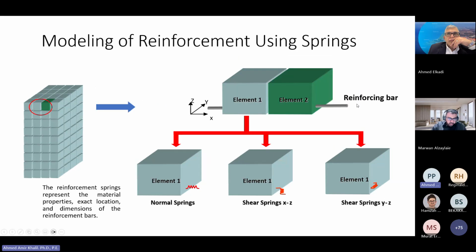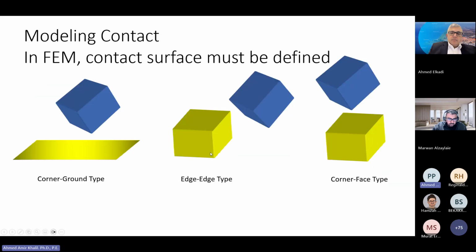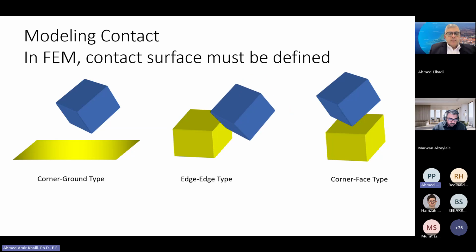If we have additional materials, rebars, for example, or reinforcement of any type, we can add additional springs to represent the reinforcement. If we have impact or contact, springs are created automatically between different elements as they come into contact.